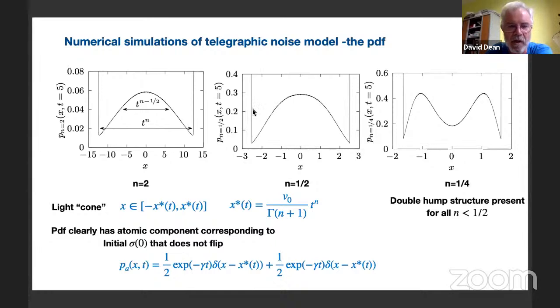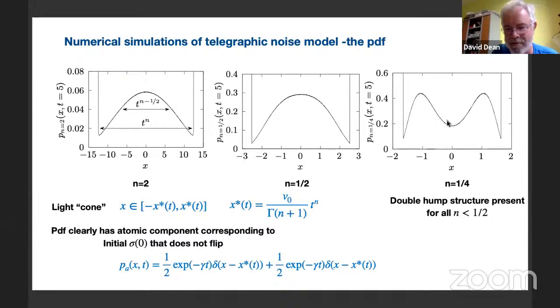This region will be going like t to the half, but this region will be growing logarithmically. And here we go to n equals a quarter, and this region continues to grow with t, but here the scaling is different. So there's a real difference between n bigger than a half and n less than a half.